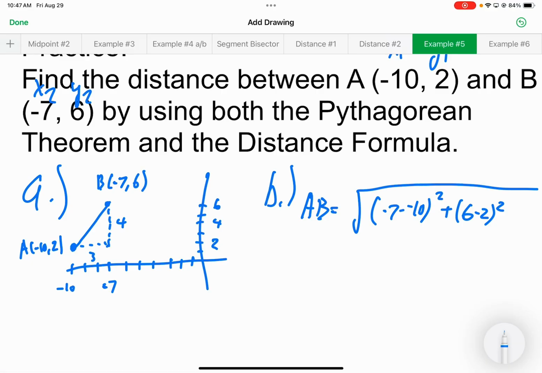Seeing some good stuff here. What's a good looking triangle?